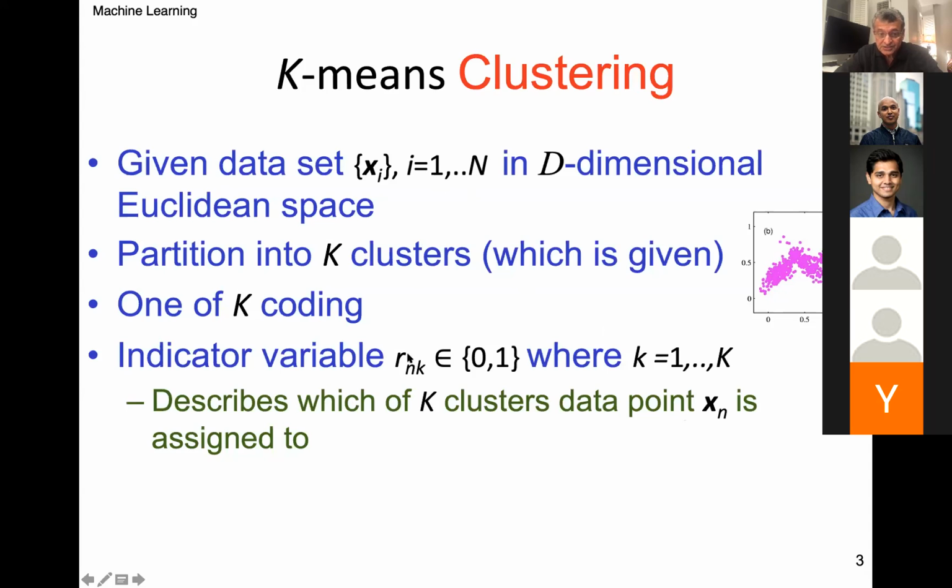The x_n are the initial data points, simply labeled 1 through capital N, and small n is the value that goes from 1 through N. Say it's point number 5: r_53 would be 1, indicating that it belongs to cluster 3, but r_51 or r_52 would be 0.